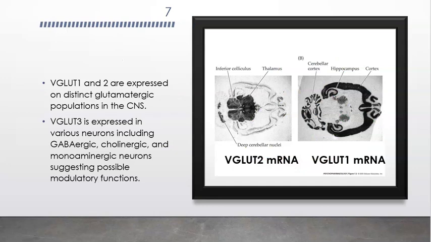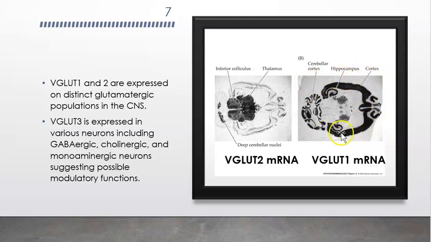When talking about our different types of V-GLUT, V-GLUT 1 and 2 do pretty much the same thing, and they're expressed distinctly in glutamatergic populations. In a glutamatergic neuron, you're going to find V-GLUT 1 or V-GLUT 2, depending on what part of the brain. Here the dark colors show V-GLUT 2, and over here V-GLUT 1 is in these parts of the brain.